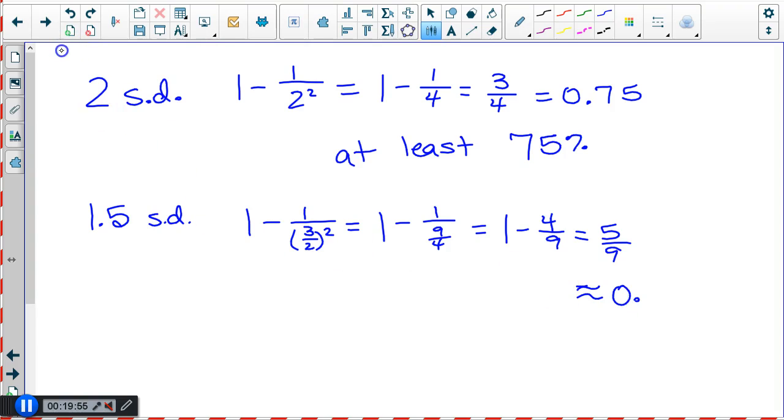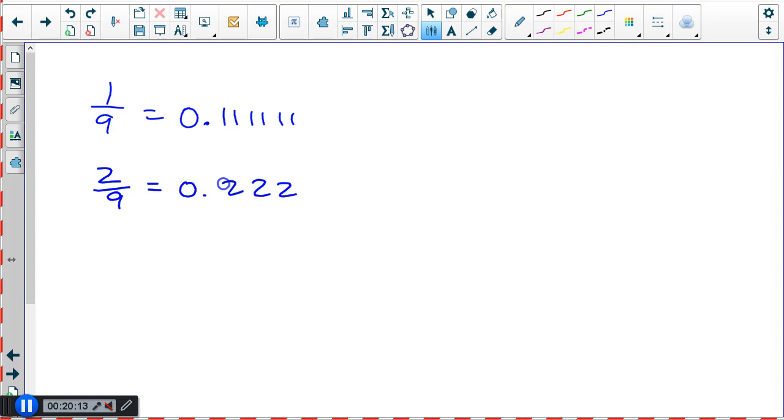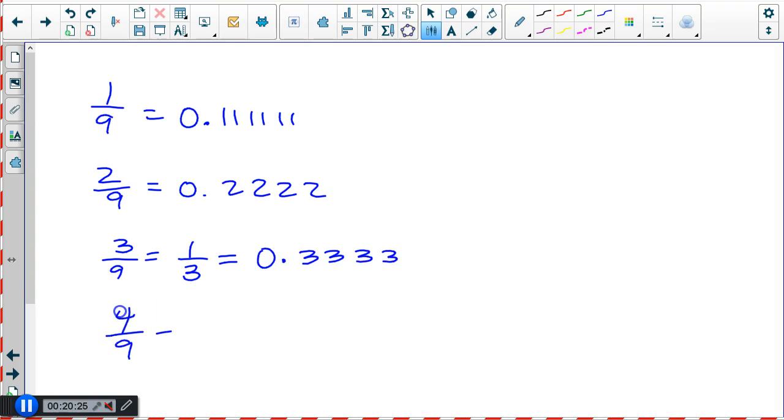Okay, so there was a student I taught 3 years ago, and he was on the math team at Bassett. And I had never paid attention that 1/9 is literally just 0.11111 forever. 2/9 is just 0.2222. 3/9 reduces to 1/3, which we all know is 0.33333 forever. 4/9 is, yeah, so all the ninths, I can do them really quickly now because of him.